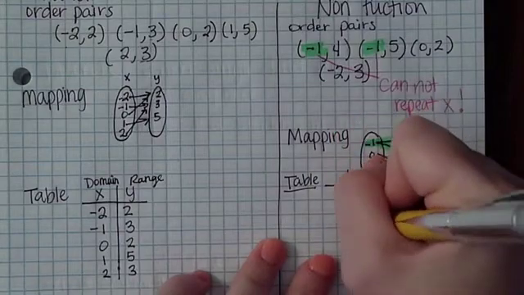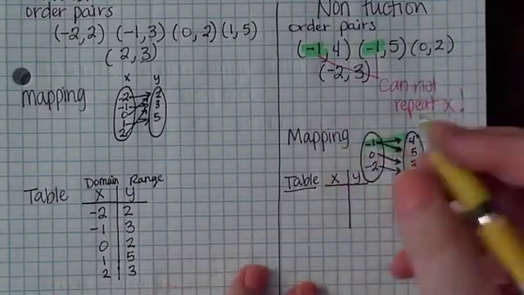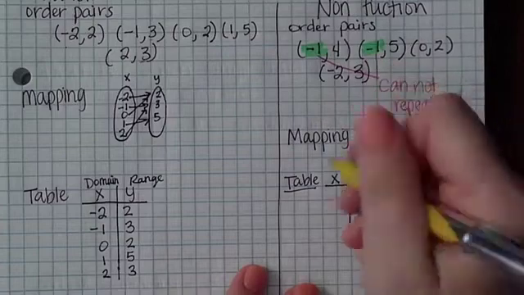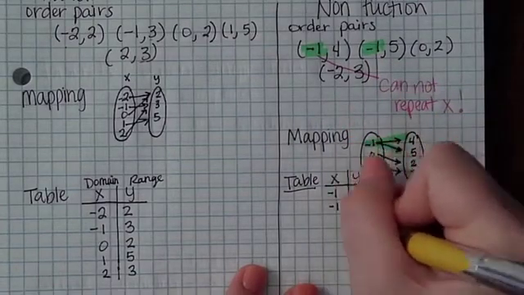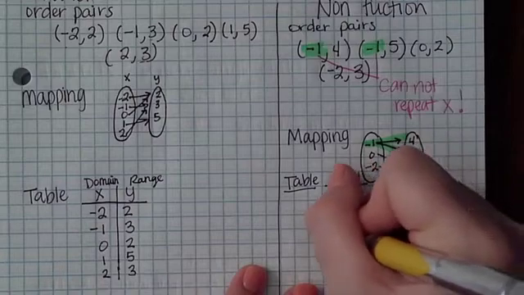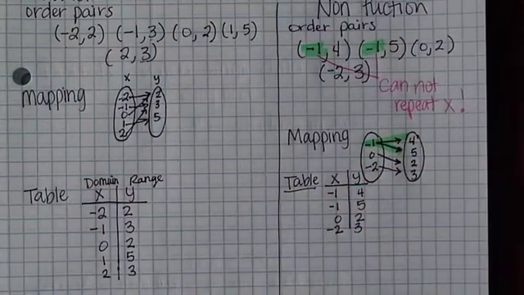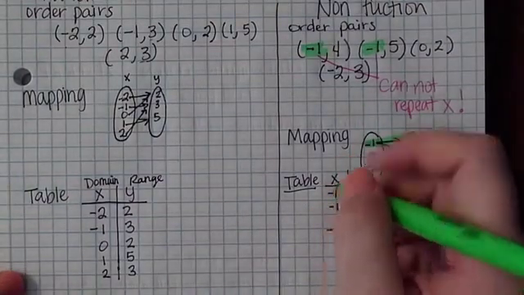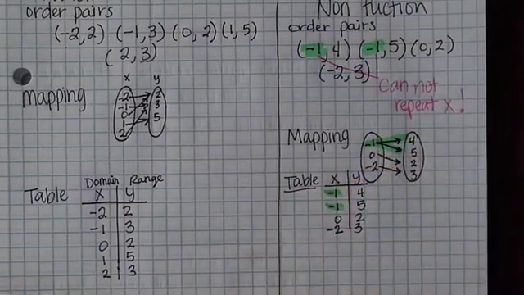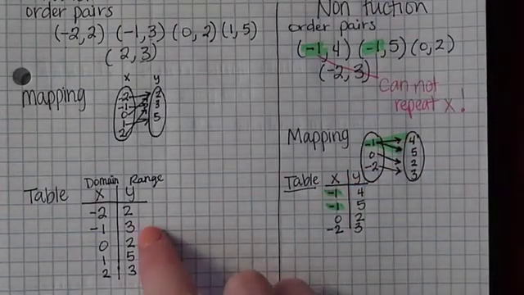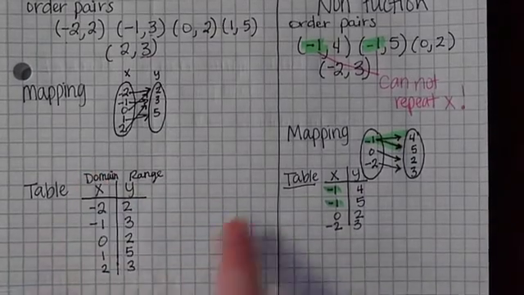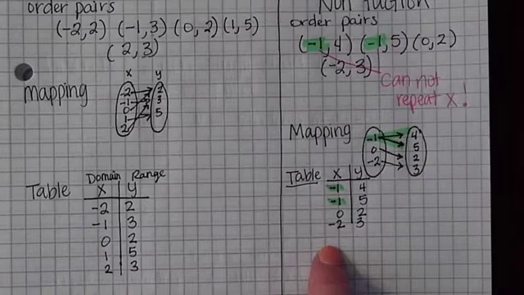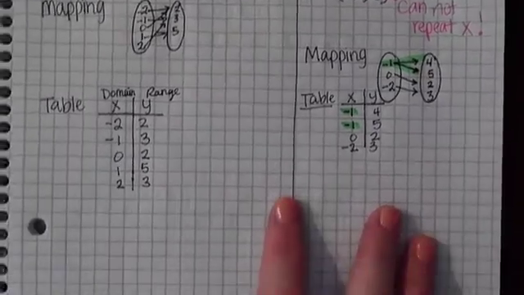I'm going to squeeze that in there because I need room for my graph. So then I'm going to use these same points, -1, 4, -1, 5, 0, 2, -2, 3. So again, there's a repeat in the X column. Notice there's a repeat in this Y, but we don't care about Y. All we care about is the X. No repeating X. This one has a repeating X. That's why this one's not a function.